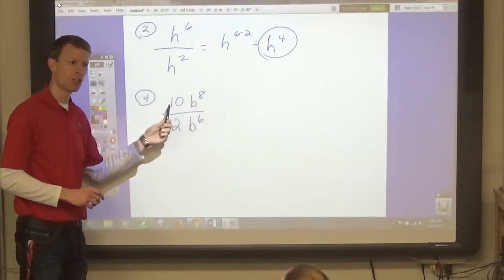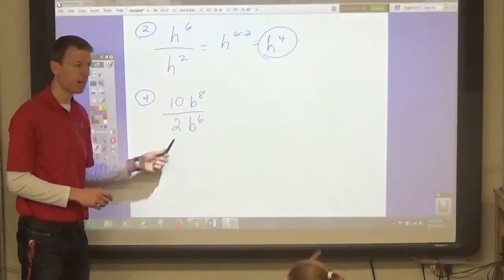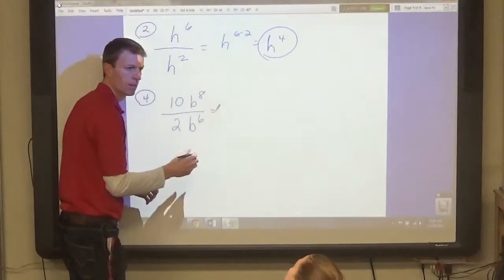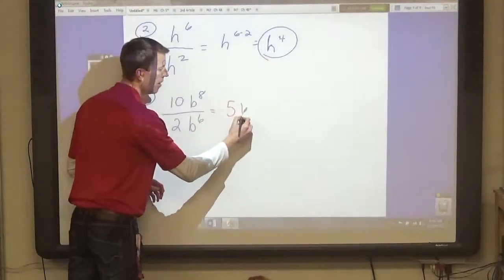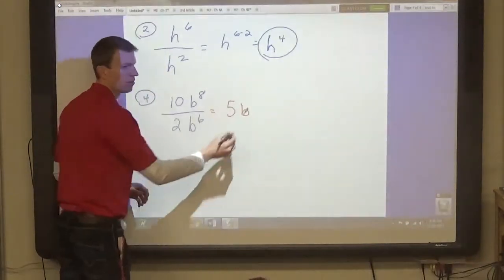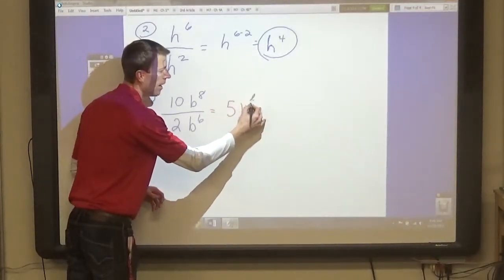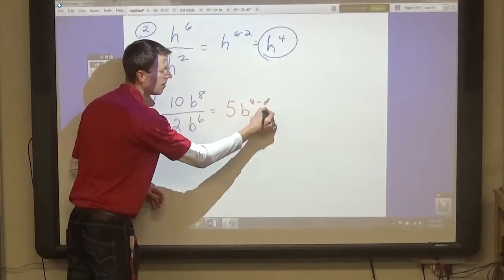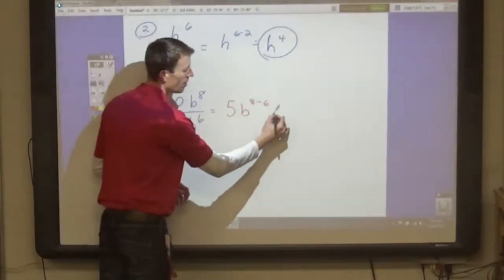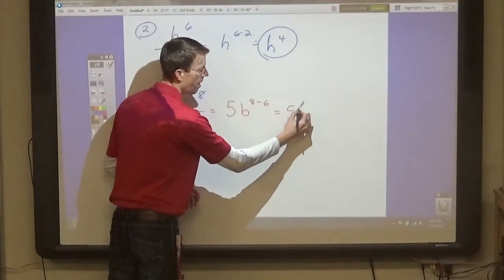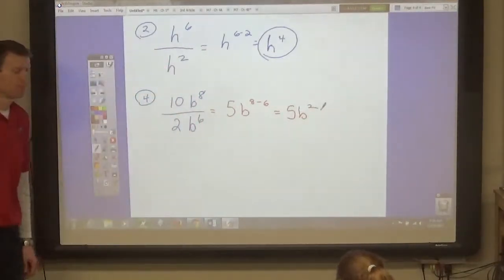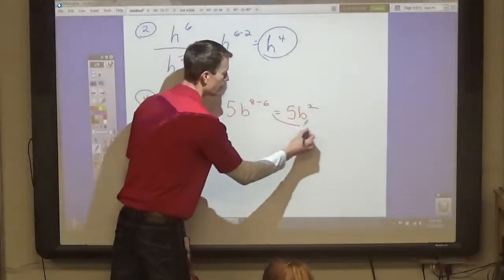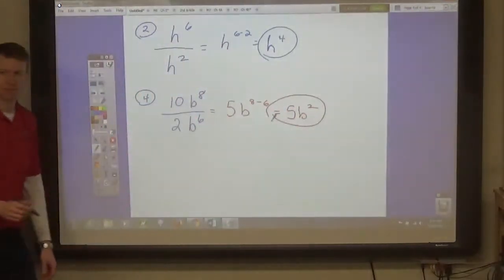This means division. So 10 divided by 2 equals 5b to the 8 minus 6, which is 5b to the second power. Okay.